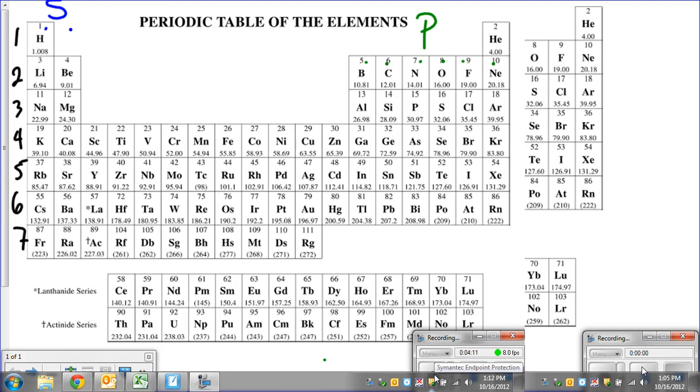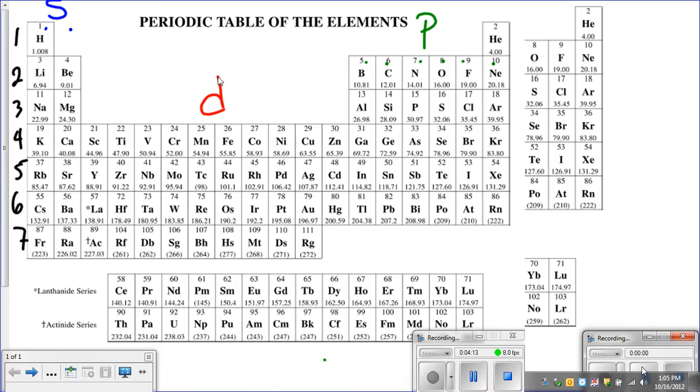The dip in the center is the D block. But unlike S's and P's, S's are really big spheres, and P's are really big dumbbells. D's are itty-bitty little clover leaves that can hold up to 10. 1, 2, 3, 4, 5, 6, 7, 8, 9, 10.